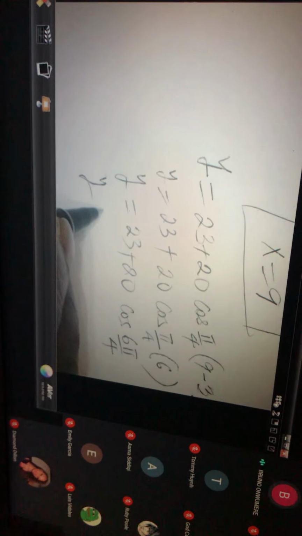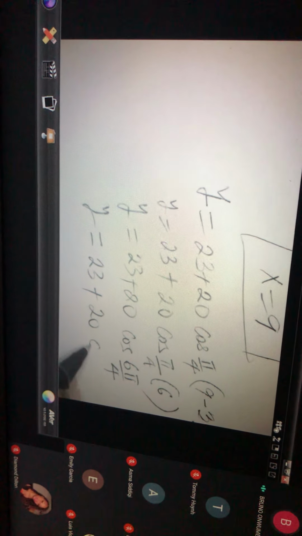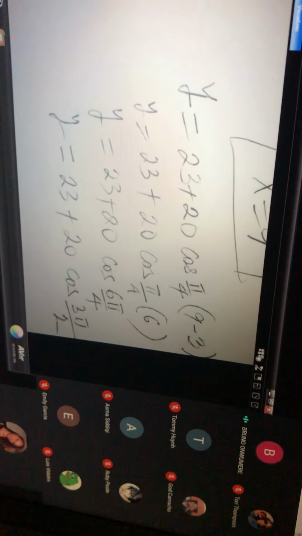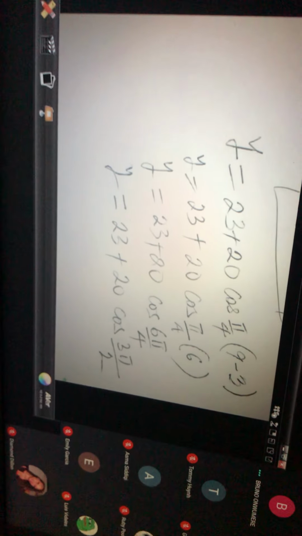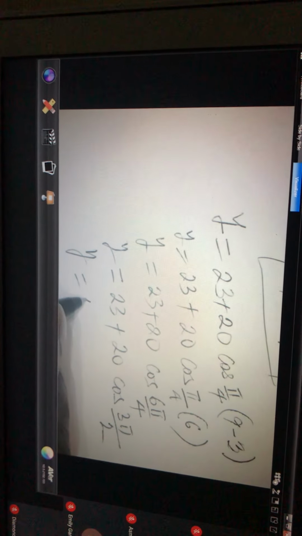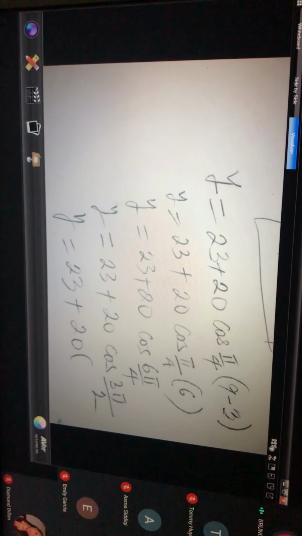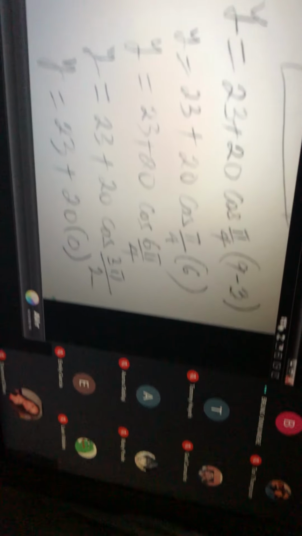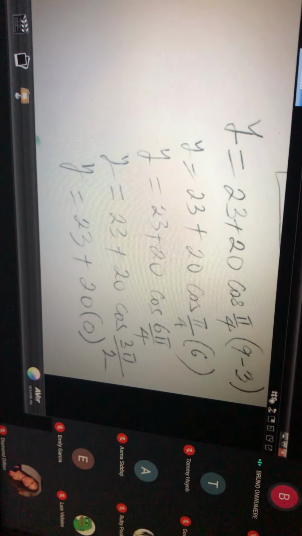Y is equal to 23 plus 20 cosine of 3 pi over 2. See how I got that? I reduced 6 over 4 to 3 over 2. From the unit circle I taught you, the cosine of 3 pi over 2 is 0. If you go to a unit circle, you see what I'm talking about.